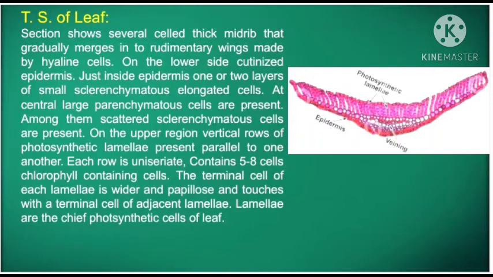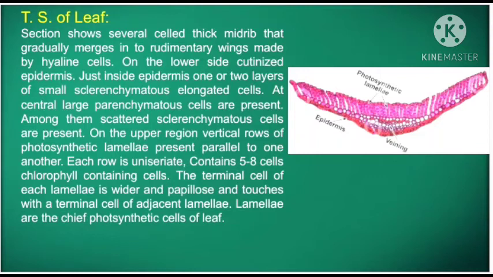The section of the leaf looks like a hair comb. There are teeth towards the outer side like comb teeth, and below there is another zone. So the section of the leaf shows an outer zone and a lower zone.